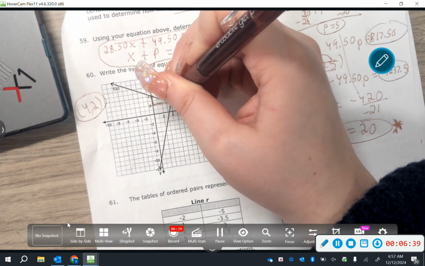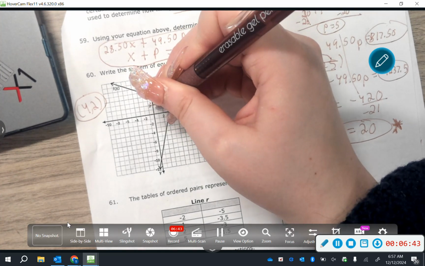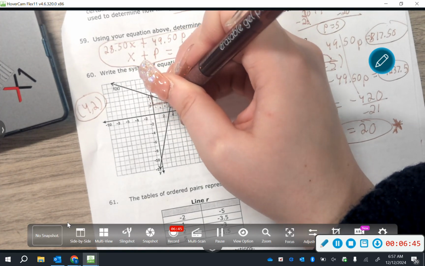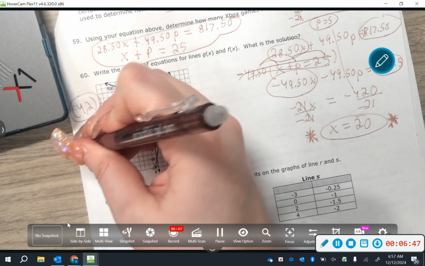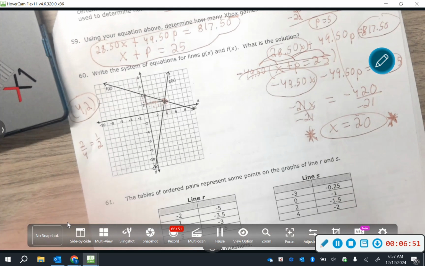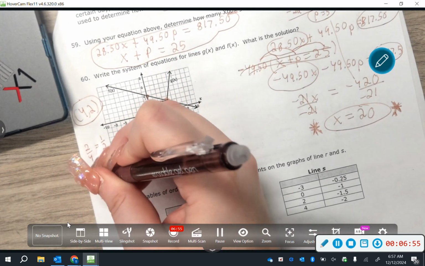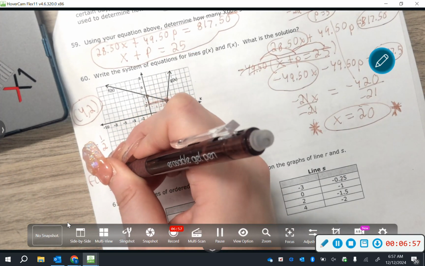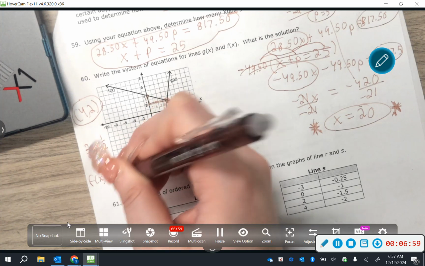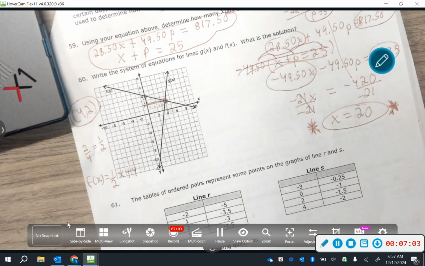I can make my triangle, count my rise over run. 1, 2, over 1, 2, 3, 4. 2 over 4 is 1/2. So my equation for f of x would be f of x equals 1/2 x, and my y-intercept is plus 4.